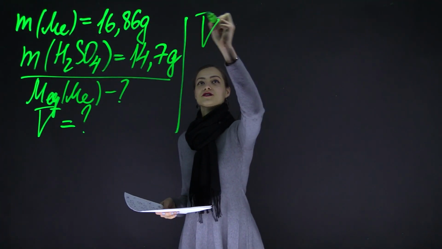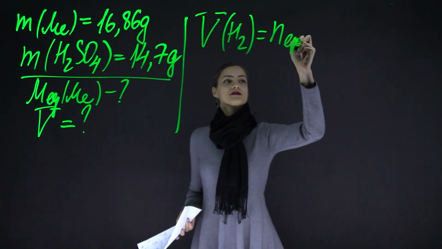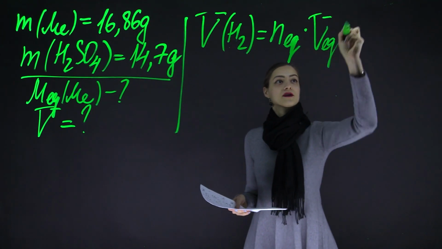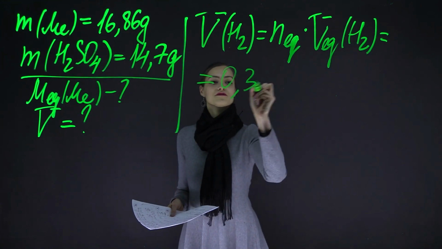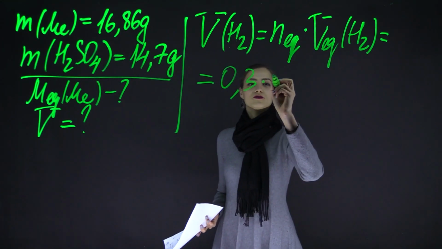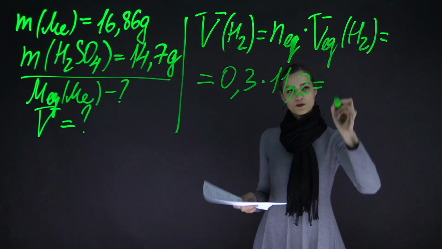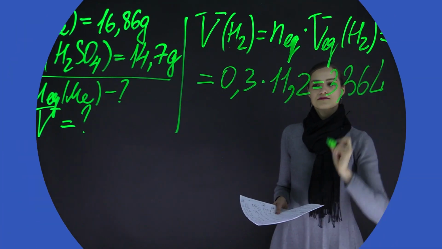So the volume of hydrogen in our reaction is the number of equivalents multiplied by the equivalent volume for hydrogen, and it equals 0.3 multiplied by, you already know the equivalent volume for hydrogen from previous calculations, so it equals 3.36 liters.